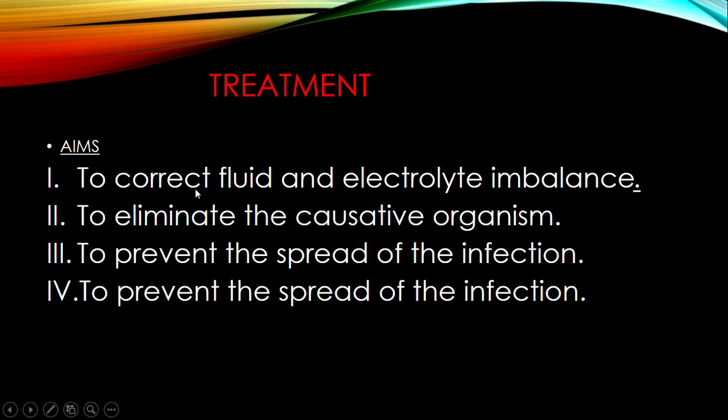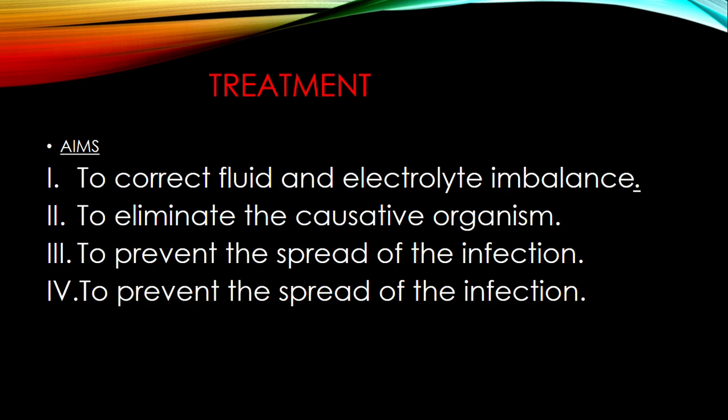So the first point is that we want to correct the fluid and electrolyte imbalance. And then we want to eliminate the causative organism, and this is going to be done by use of antibiotics because it is a bacteria. Then we also want to prevent the spread of the infection. Because cholera is infectious, we don't want it to spread everywhere.